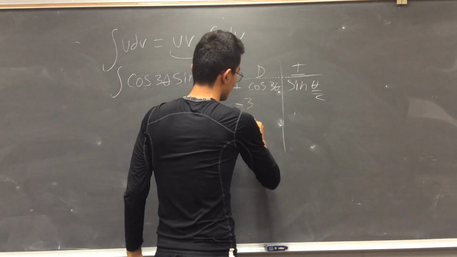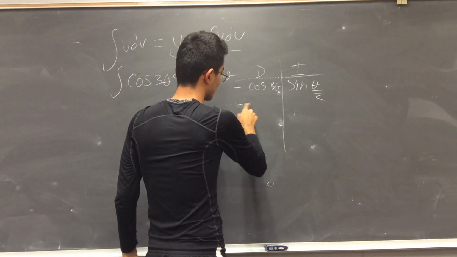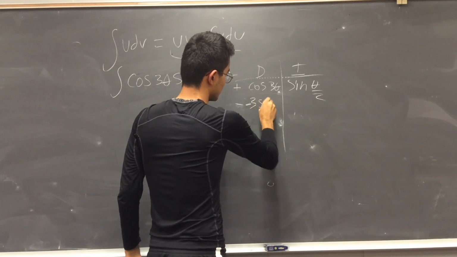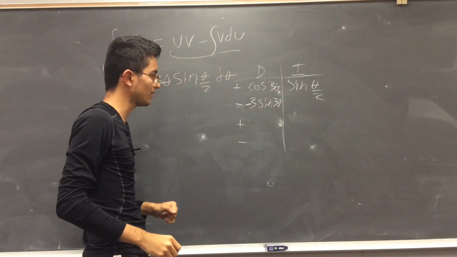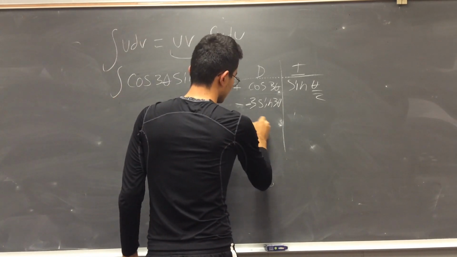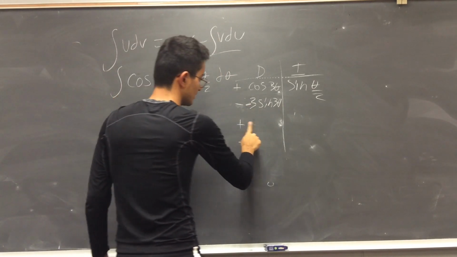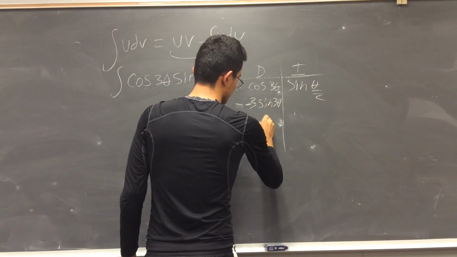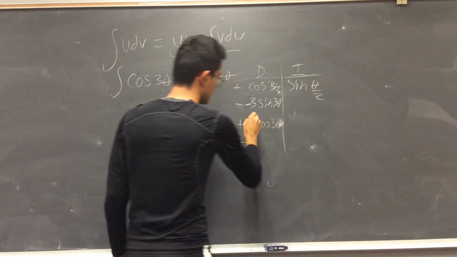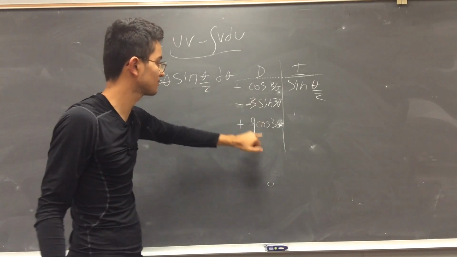That's going to be negative 3 sine 3 theta. Let's differentiate negative 3 sine 3 theta. That's going to be negative times negative, so it's going to be positive, 9 cosine 3 theta. And then we stop here because we have the same factor over here.